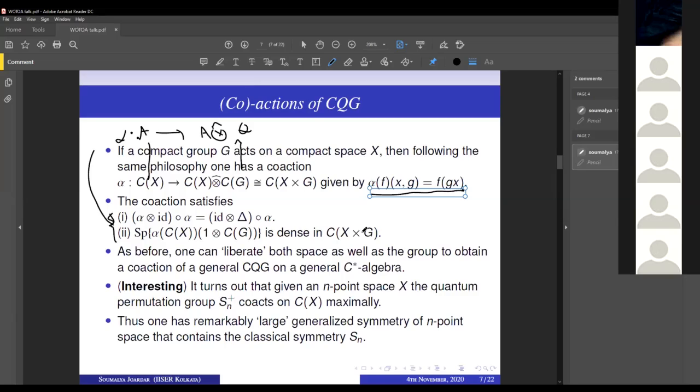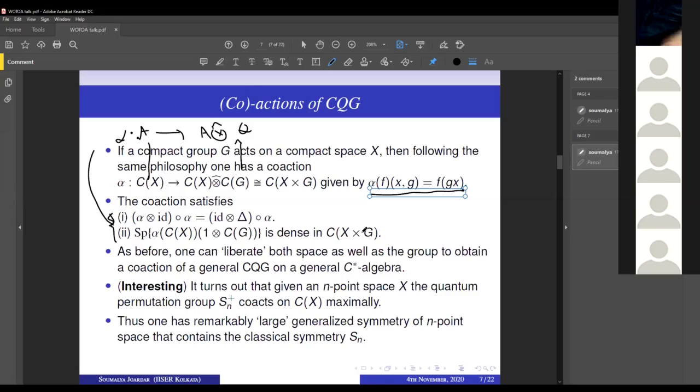So what we have is that even if you are given only the classical n point space, we have a generalized, larger symmetry in some sense, which actually contains the classical symmetry group. Okay, so I want to elaborate on what we mean by containing the classical symmetry. That will take us to some more technicality. We don't need that at this moment. Okay, so yeah, we see that this thing happens.